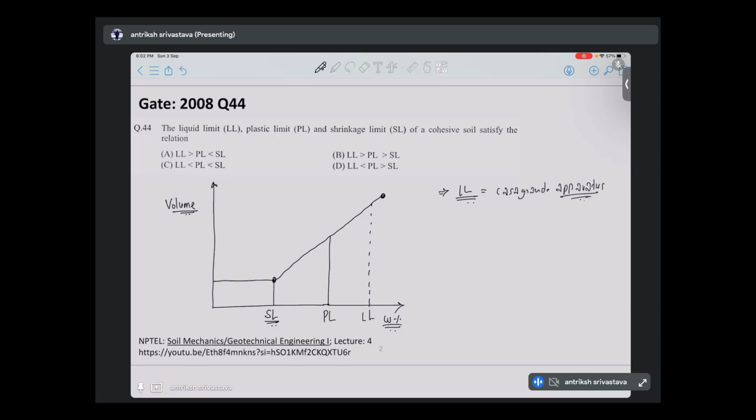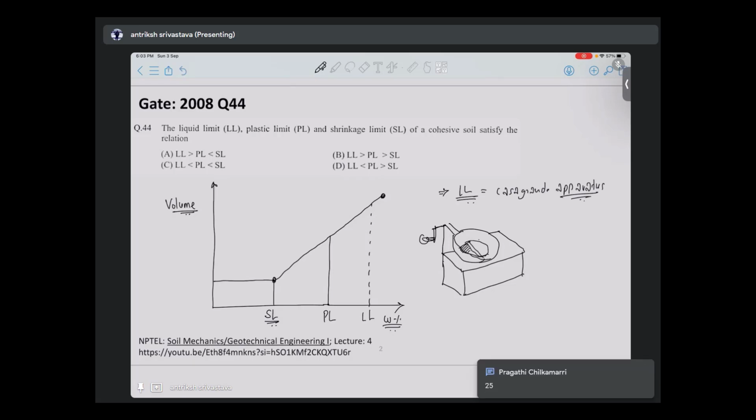And how many number of blows? It is like a cup on a stand, and the base has some specifications. This is a cup, and we put our soil paste here, and we make a groove in that wet soil.